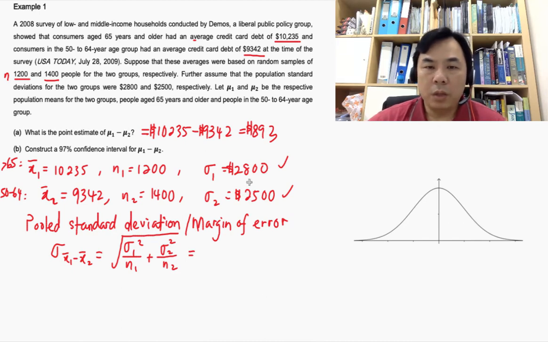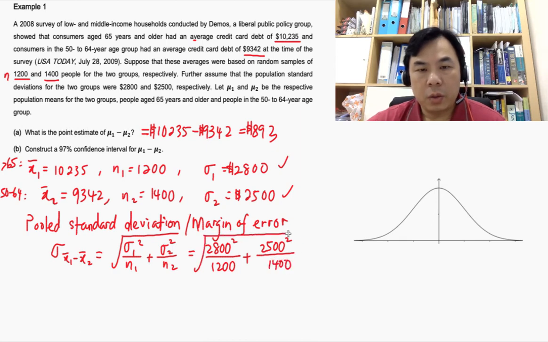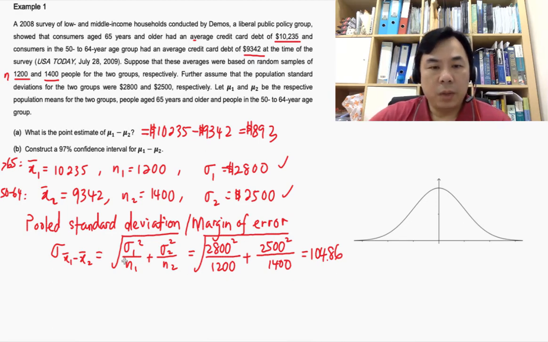If you plug in all these numbers, it should be 2800 squared over n1, which is 1200, plus 2500 squared over 1400, and then square root that. I have already pre-calculated this to speed up the process: 104.86. Okay, so I hope that is clear.